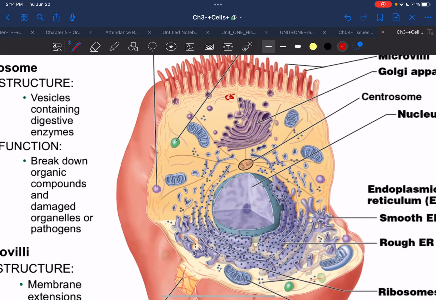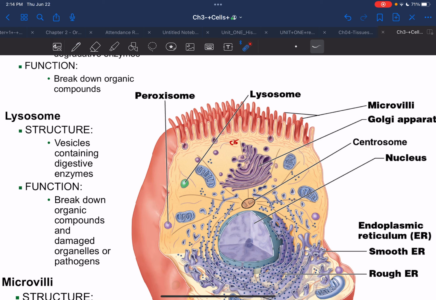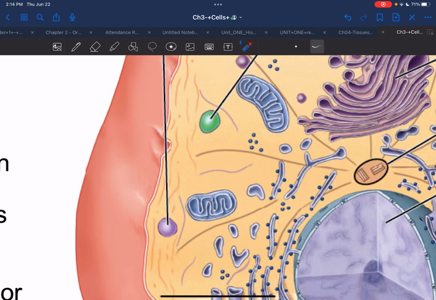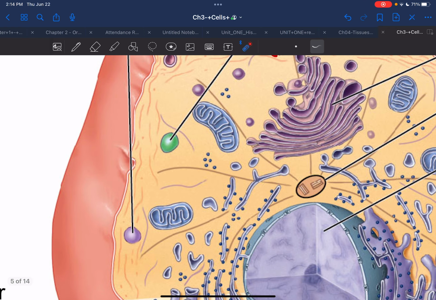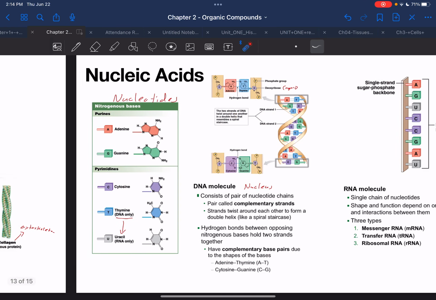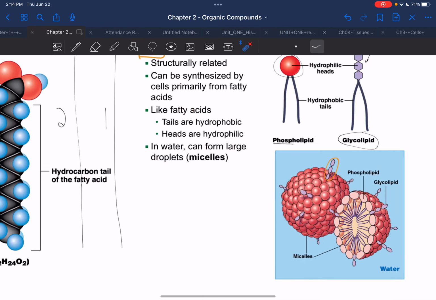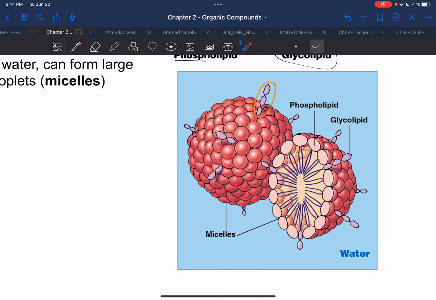And now, you have little vesicles, lysosomes and peroxisomes, and they're going to look like these little vesicles that you're seeing here, like little bubbles. And there's something that you already are familiar with. When we talked about lipids, lipids themselves form these tiny little vesicles. They love to look for each other, especially if they're like each other.